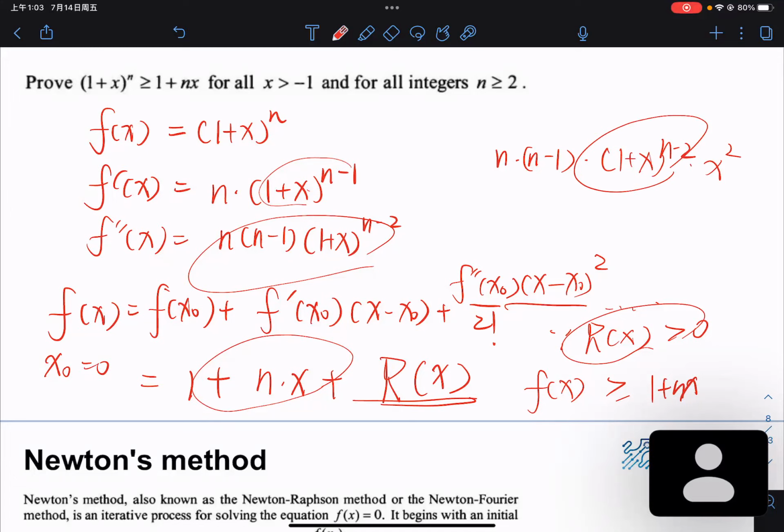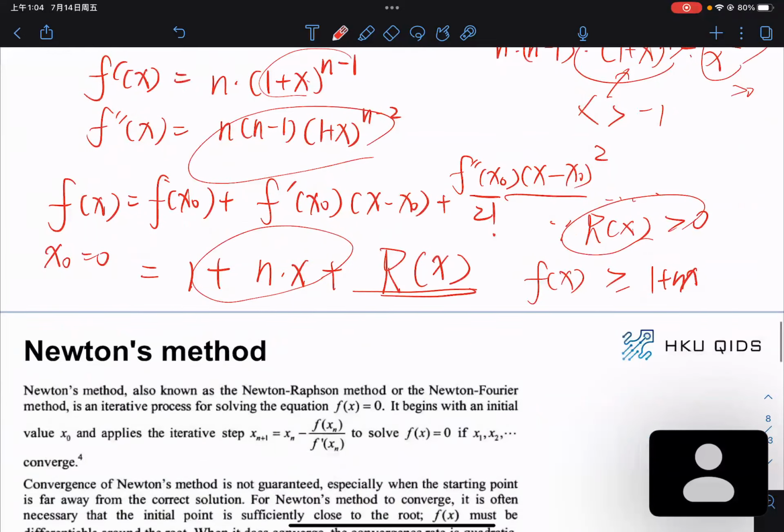This part is going to be larger than 0, right? Because we know that x is larger than negative 1. That's the reason. And for all the later terms, the fourth and fifth items in the Taylor expansion, it will be the same case. Basically, we can prove that this residual part is greater than 0.